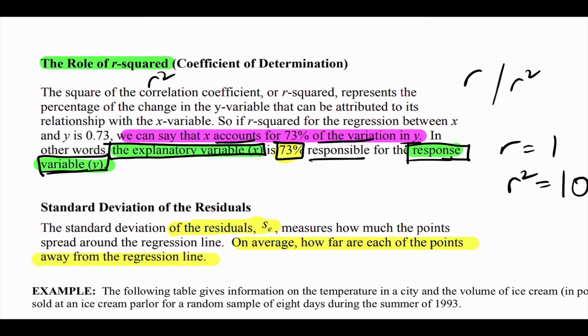So the reason I can predict your hand span is based on your other hand span. 90% of the reason I can predict it is because of the other guy. That makes sense, right? If you tell me what one hand size is, I'm going to be pretty close to what your other hand is, because most people's hands are very, very close in size.